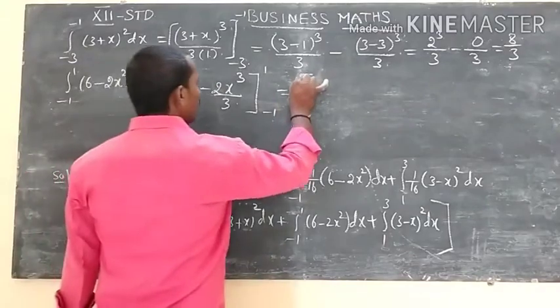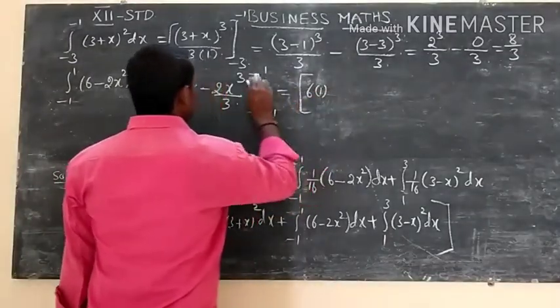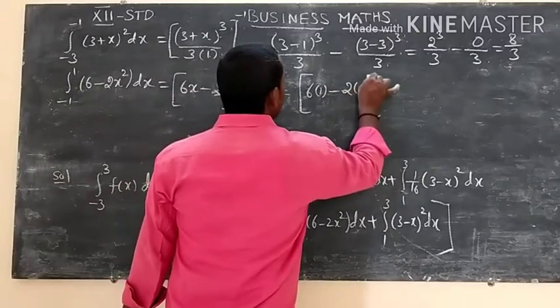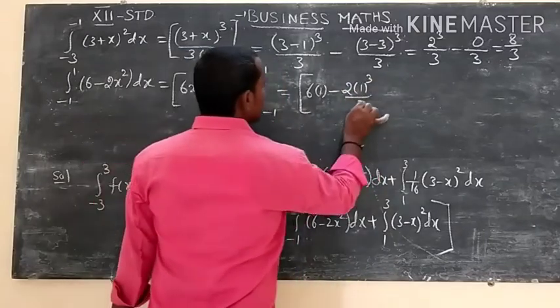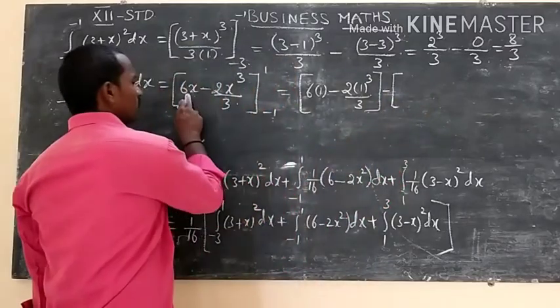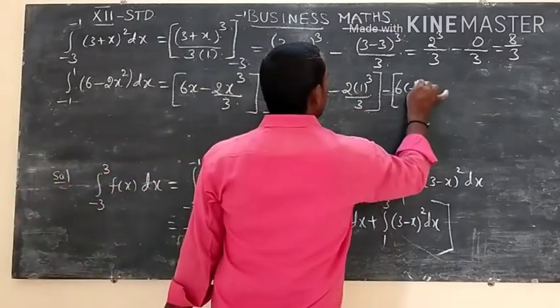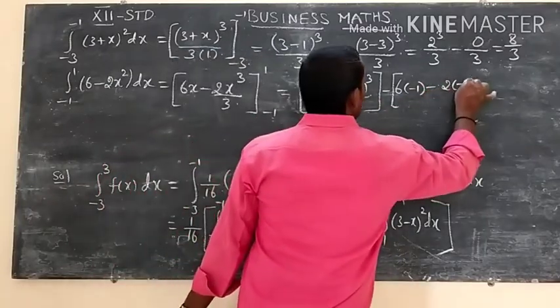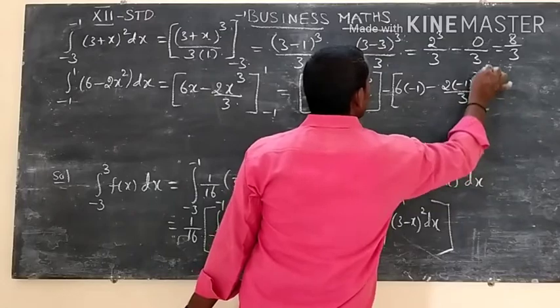Upper limit is 1, so 6 into 1 minus 2 into 1 cube divided by 3. Okay, this is upper limit minus lower limit, minus 1. So 6 into minus 1 minus 2 into minus 1 the whole cube divided by 3.